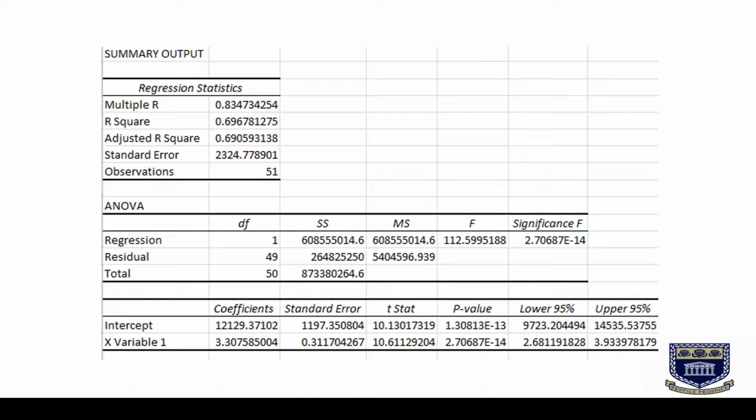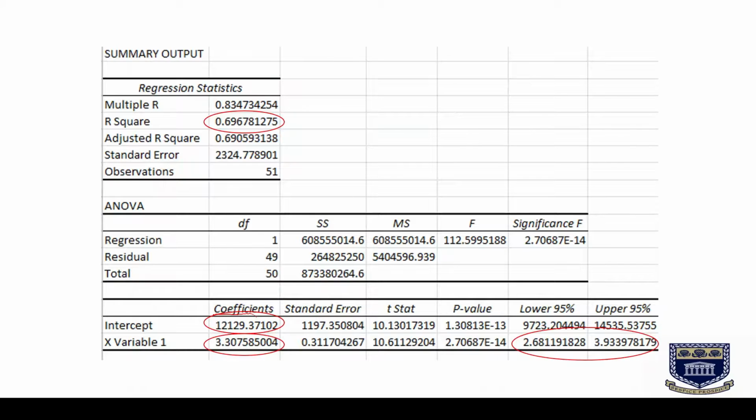Then the next slide gives us the regression estimates for the model, where we regress teacher salaries on per pupil expenditure, and we get these results. Beta 1 coefficient is 12,129, and the beta 2 coefficient, beta 2 hat, is 3.3075.